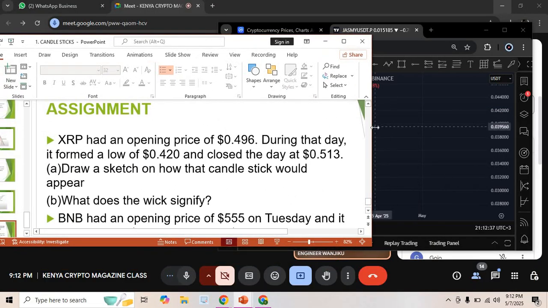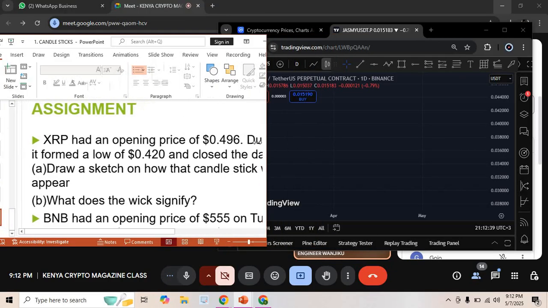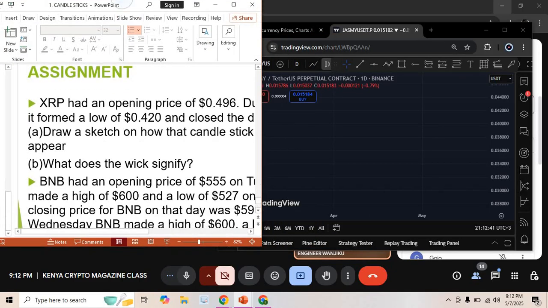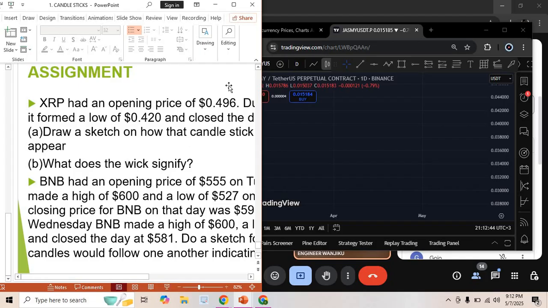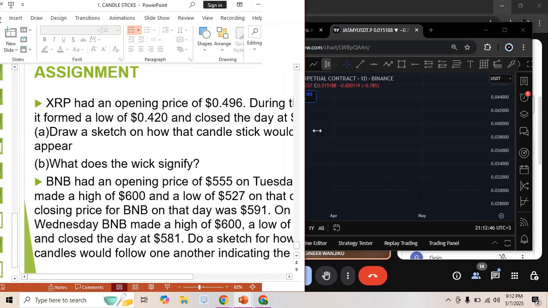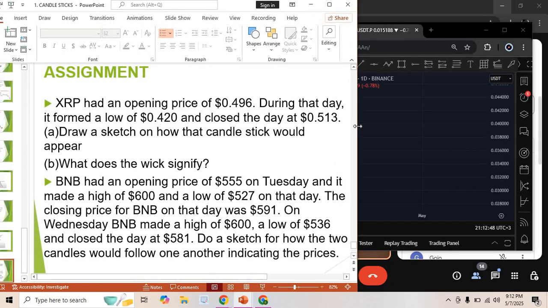Let me split this screen so that we can see the question as we draw. Anyone to give it a trial?